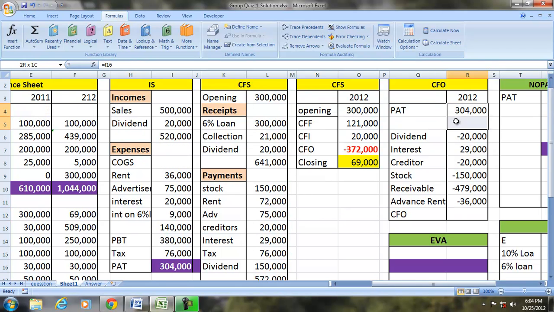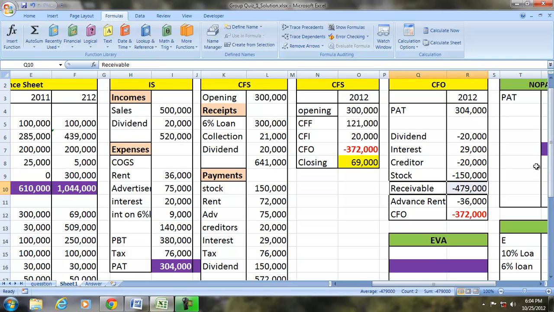The summation of the PAT and these adjustments should give us the CFO. So CFO is negative despite having a positive PAT because of huge credit sales. The change in the receivable is minus 479.